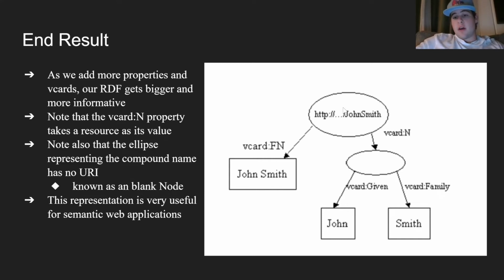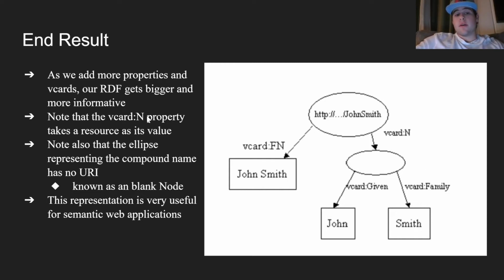As you can see, we still have this full name, and then we made another relationship vcard called N that is supposed to be for the compound name of John Smith.